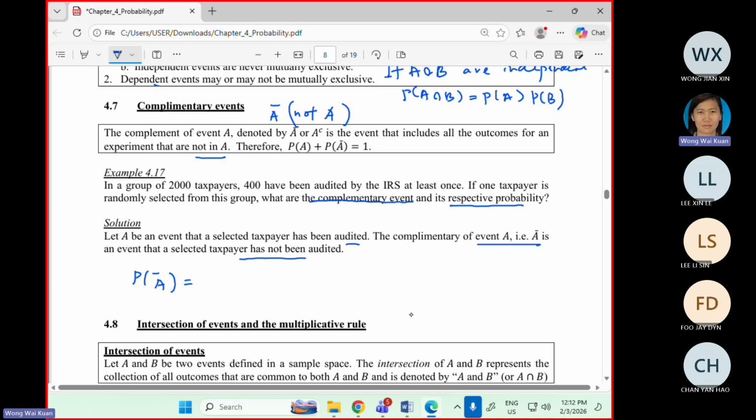It is either 1 minus 400 over 2000, correct? Or you can have 2000 minus 400 divided by 2000. Either one will do. It is 4 over 5 or 0.8.